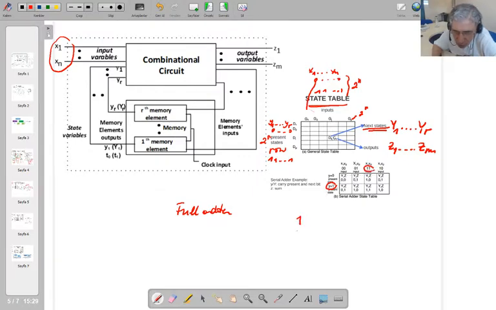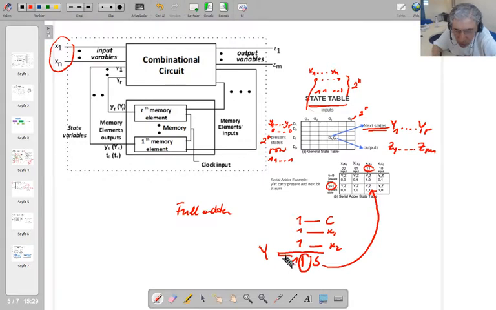So carry is 1, input x1 is 1, input x2 is 1. When you sum them up, 1, 1, 1, you end up with this. So this is the sum, that is the output. When the input is 1, 1, the output is 1, and this is the carry, that is capital Y1.